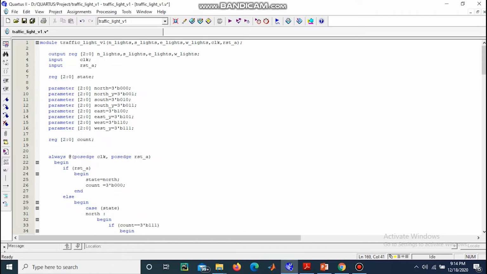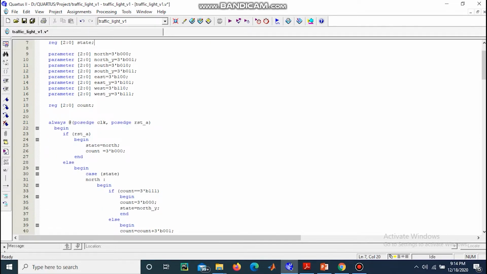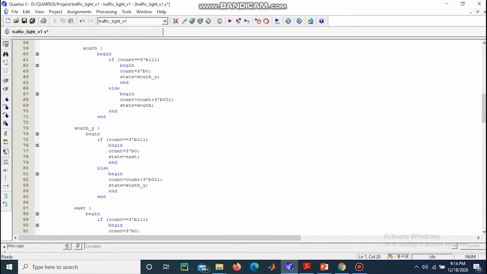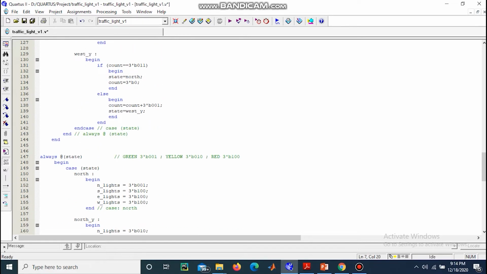The outputs and inputs are declared here. Each output is a wire of 3, and both the inputs are wire of 1. The first part of the code will work to switch the states. This part will be explained by one of my partners.